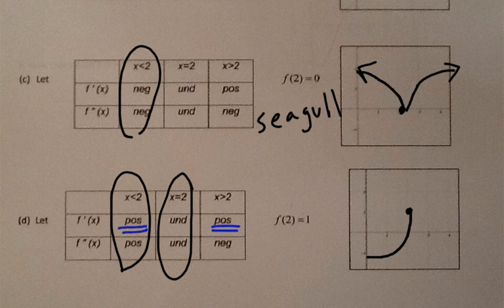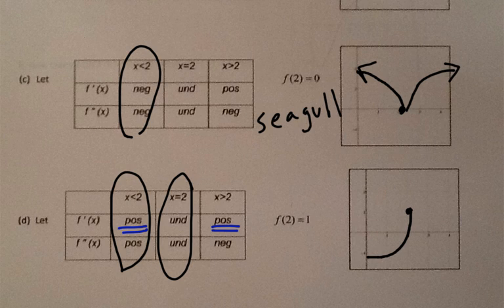It's difficult to make a sharp corner when the direction isn't changing on your graph, when you're not going increasing to decreasing or decreasing to increasing. So instead of having a sharp corner or cusp, we would be looking at another way that we could have an undefined derivative, which is a point of vertical tangency.